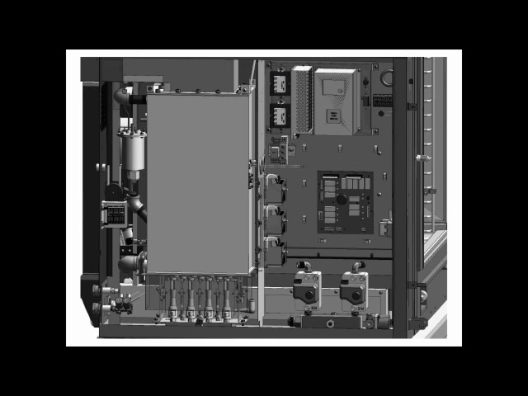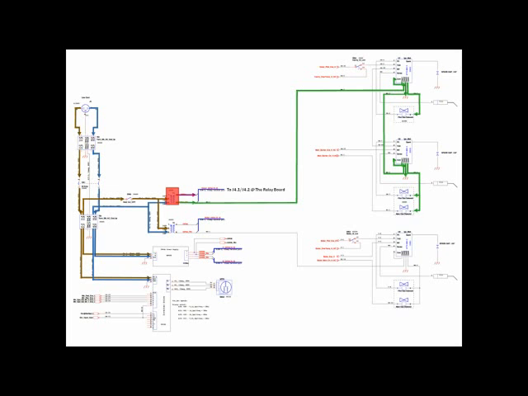It is located to the left of the DC power supply. It sends a low signal to the hot air ignition modules and 24 volts AC to J4 at the relay board.